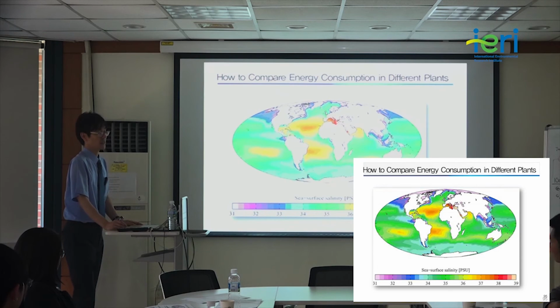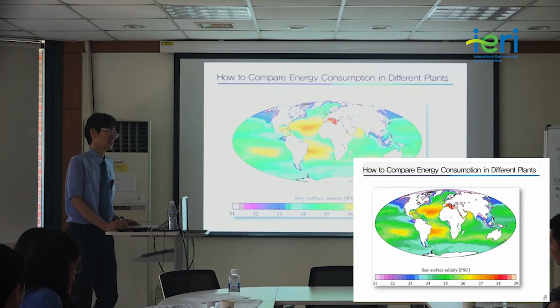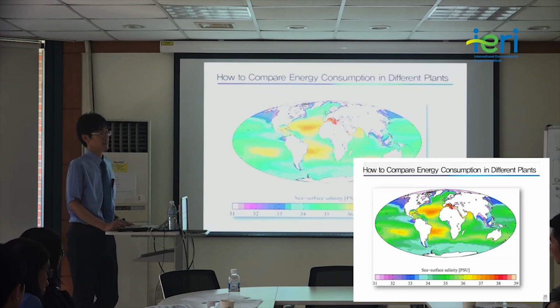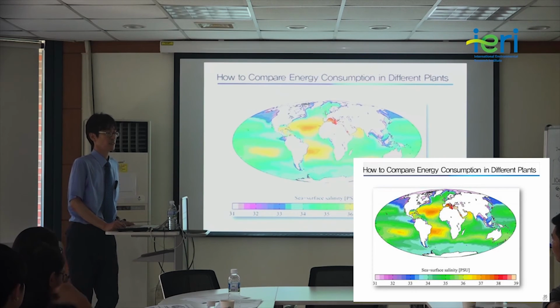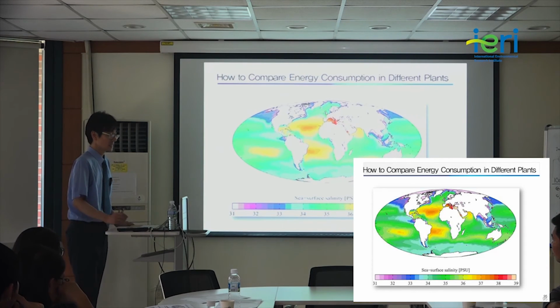Let's compare the energy consumption to see which desalination plant is the most efficient. If you just look at specific energy consumption, it seems that this Perth, which has the smallest specific energy consumption, seems to be the efficient one.